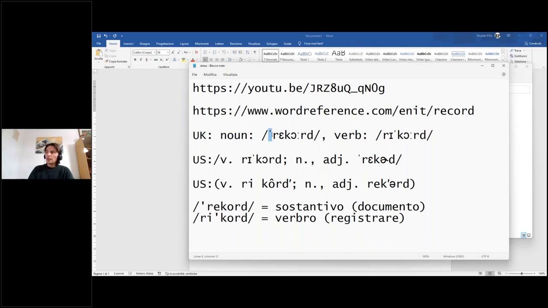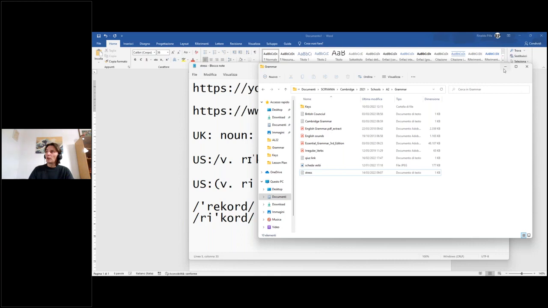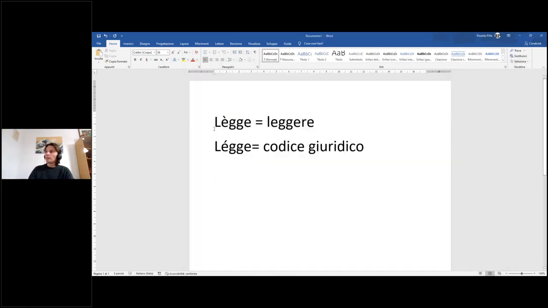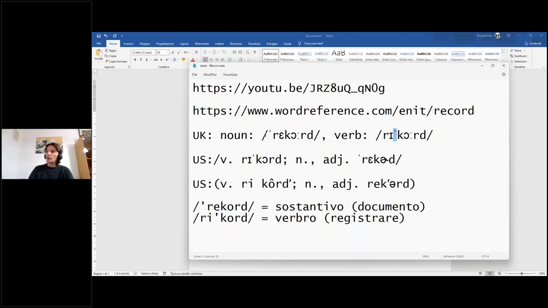Well, the apostrophe tells you where the stress of a word is, similarly to our Italian accents, right? They help you to pronounce the words correctly. So in this case, if I have a stress right before the first syllable, it means the stress goes onto the first syllable.